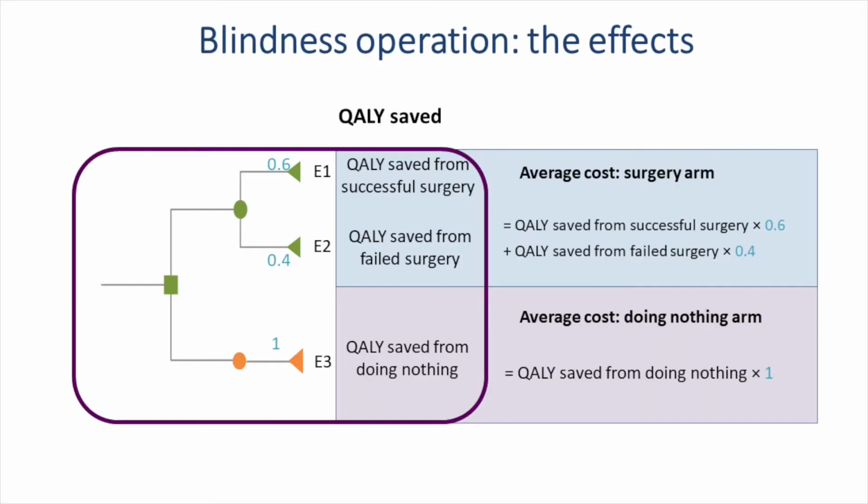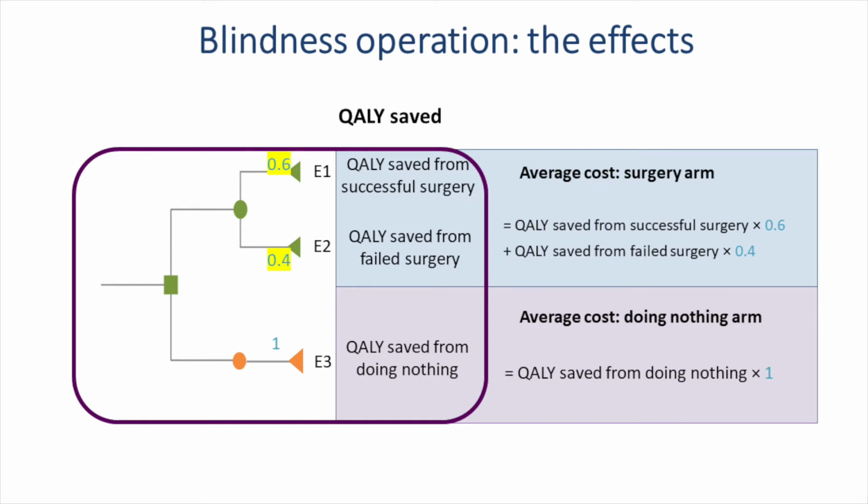Here, the effectiveness outcomes are being assigned to each segment of each branch, and the outcomes are combined using branch probabilities. So here, the probability of the surgery being successful is 0.6, and the probability of it failing is 0.4.